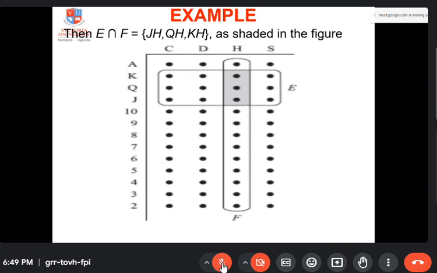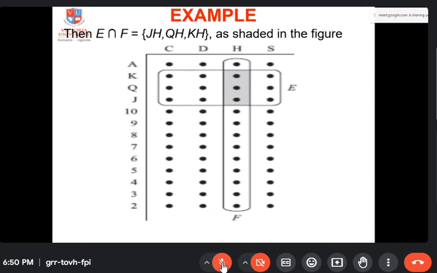Then we have a king of spades, a queen of spades and a jack of spades. So that is the set E, which is a set of pictures. You can see set E, that one, which is like a horizontal. That is the set for pictures.